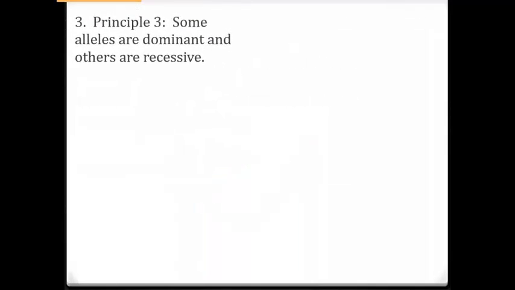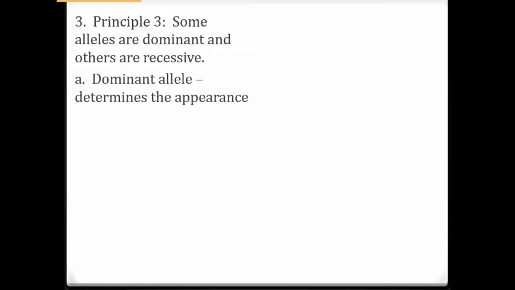His third principle says that some alleles are dominant and others are recessive. So we need to know what a dominant allele is. This is the one that's going to determine your appearance. If the dominant allele is present, then you will have whatever characteristic that's referring to.